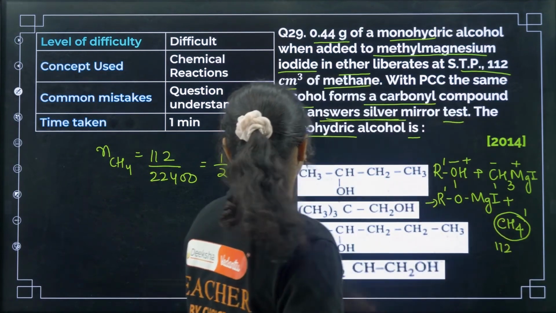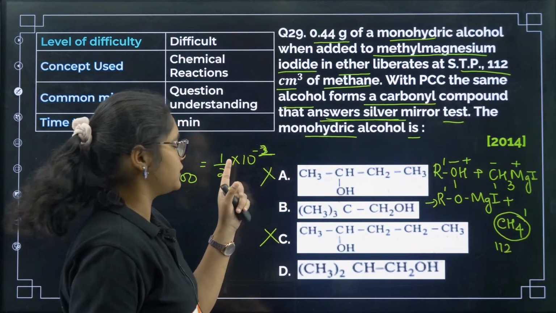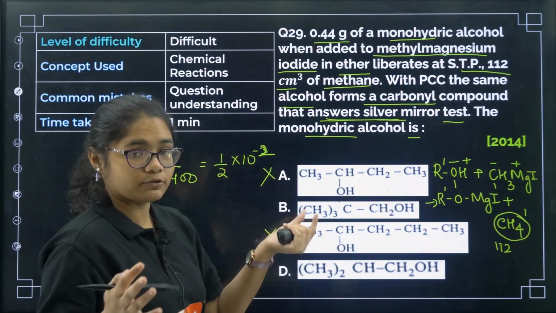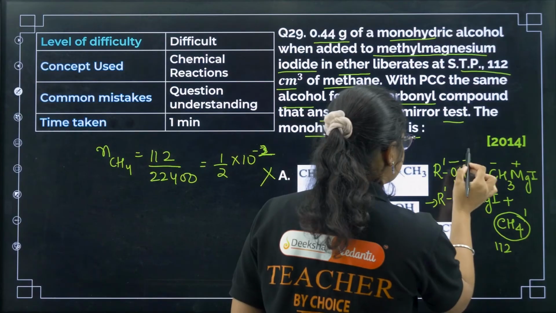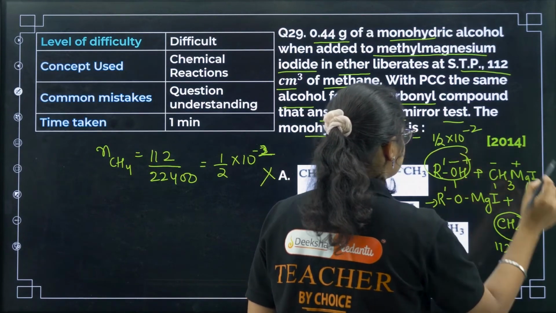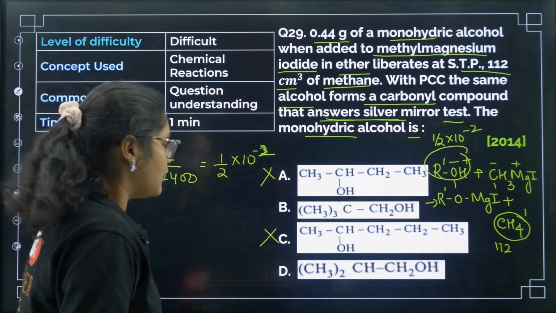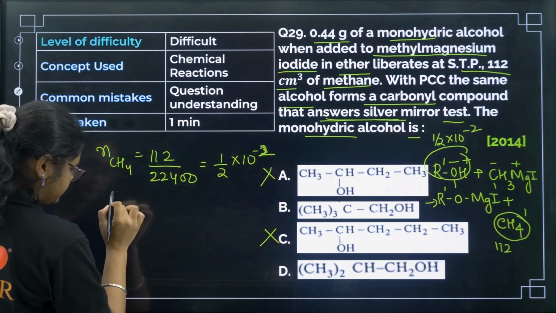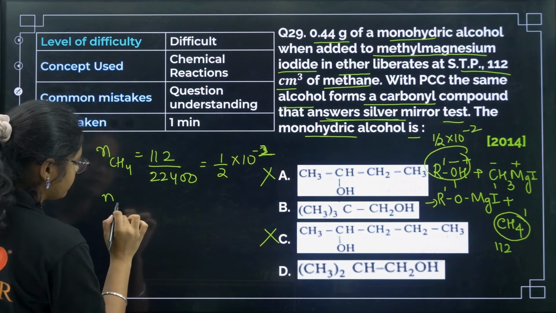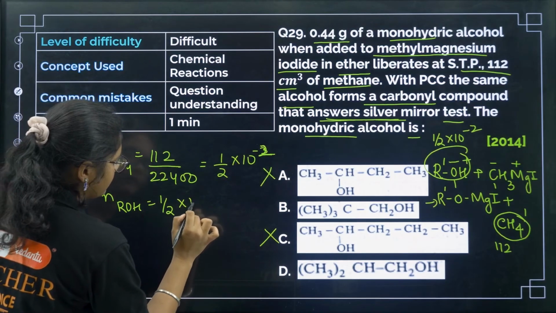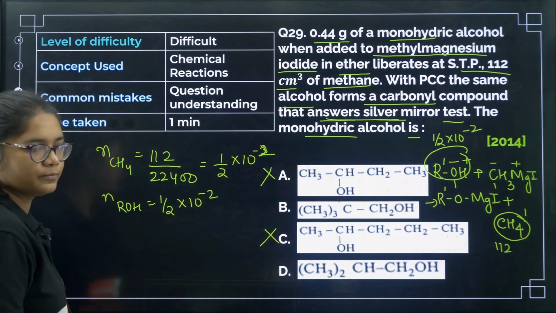Now if this is 0.05, or I can say 1 by 2 into 10 to the power of minus 2 moles, then definitely the alcohol must also be 1 by 2 into 10 to the power of minus 2 moles, right? So I can say now that the number of moles of the alcohol is also the same, that is 1 by 2 into 10 to the power of minus 2, okay.